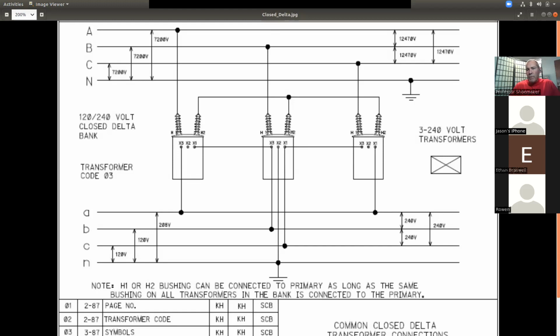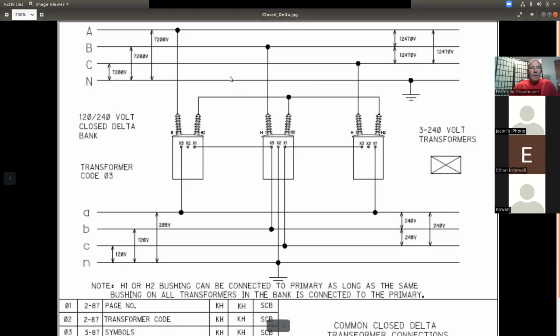So I really recommend when you guys are doing this in the classroom environment is go ahead and draw the closed delta first. Open delta is the easiest to explain to start off with as far as wiring and everything like that. But if you draw the closed delta first, then get another sheet of paper and erase the left-hand transformer, you got an open delta bank. Simple as that.